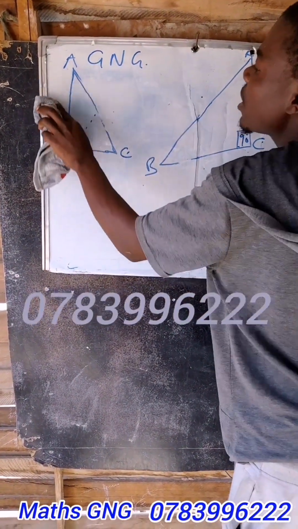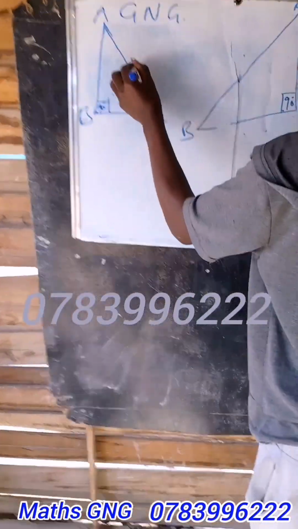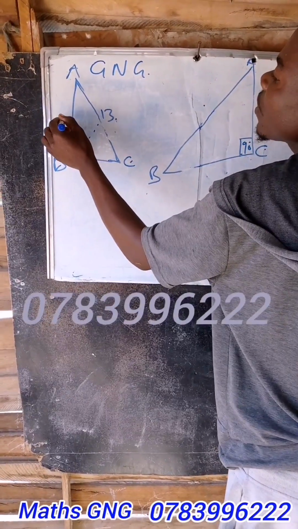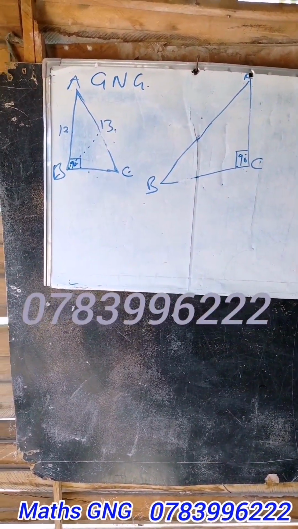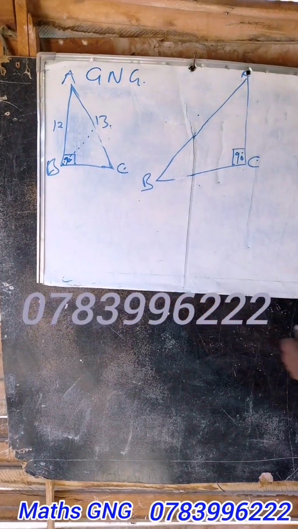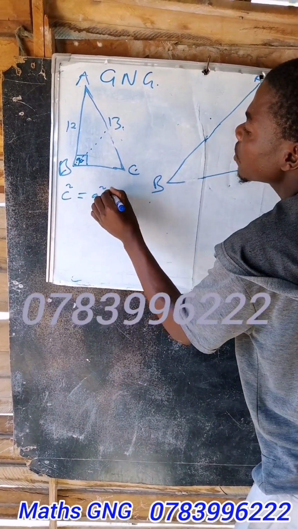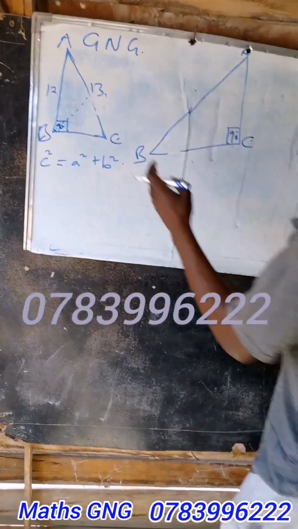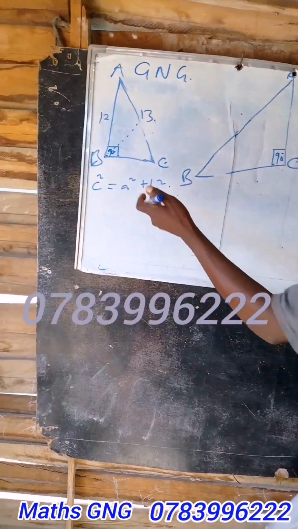We can take another Pythagorean triple. Let us give 13 here and 12 here. We want to make sure, are we going to get that 5? This is another Pythagorean triple. Our formula is c squared is equal to a squared plus b squared. Therefore, c squared is equal to, so what is our c?